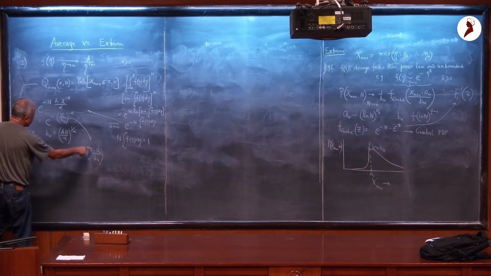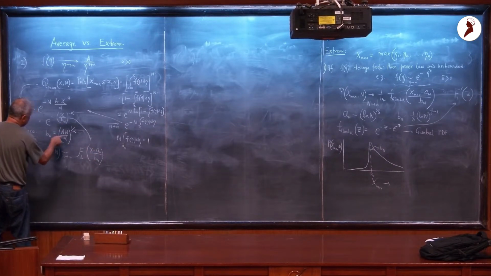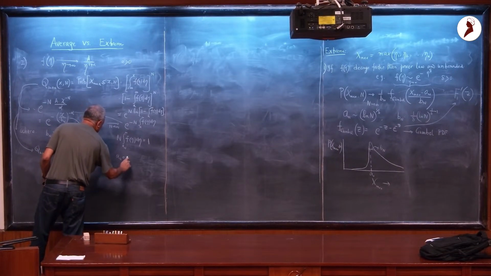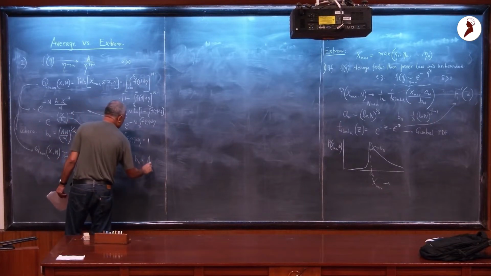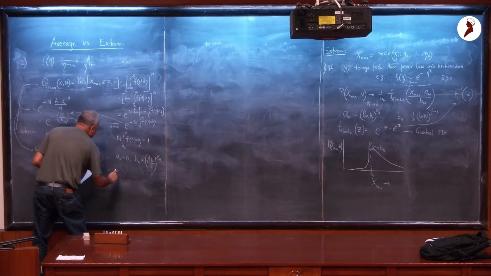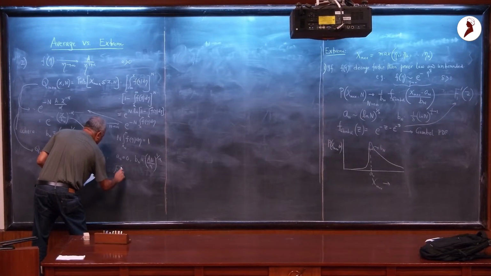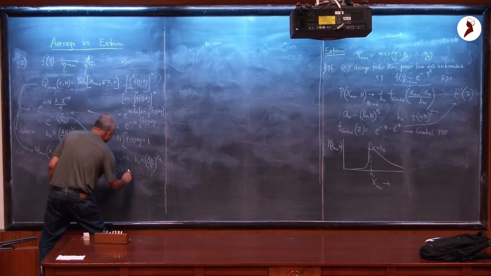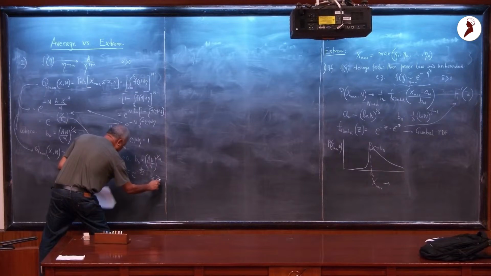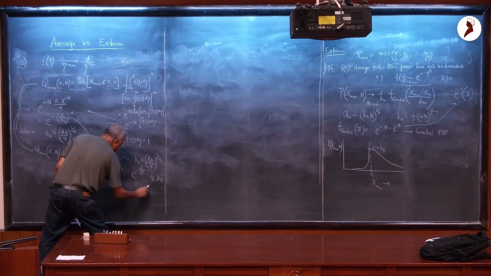This immediately indicates that a_n equals 0 and b_n is just this number. And my scaling function f2 of z is this for z bigger than or equal to 0 and 0 for z negative.